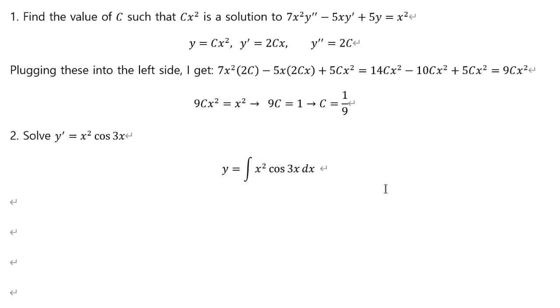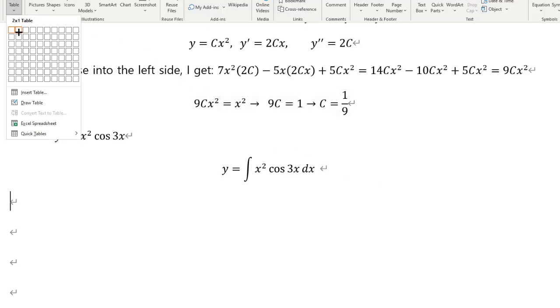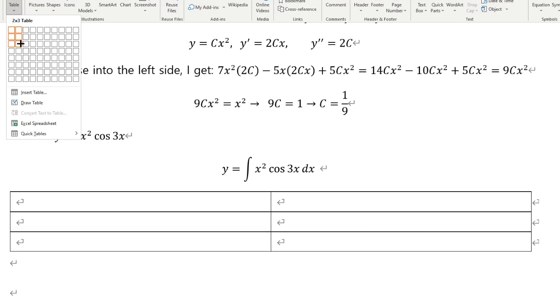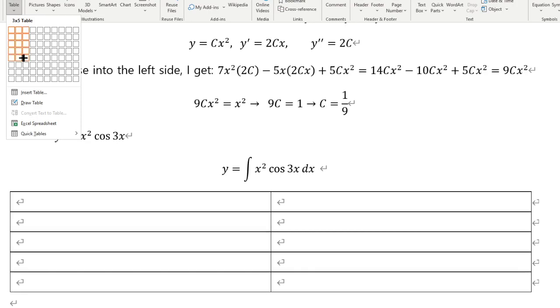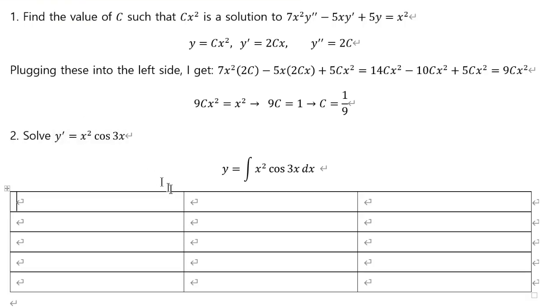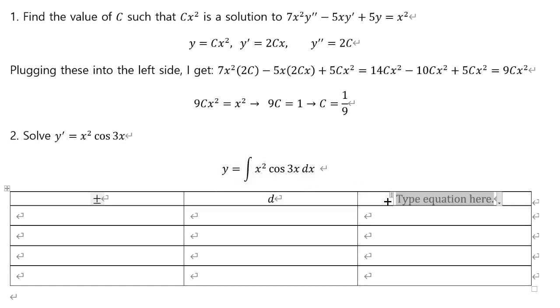So now let's try to make a table. So I have x squared, x to x, so I'll need this much. So tabular integration has plus or minus, and I need to put d, and over here I need the integral.